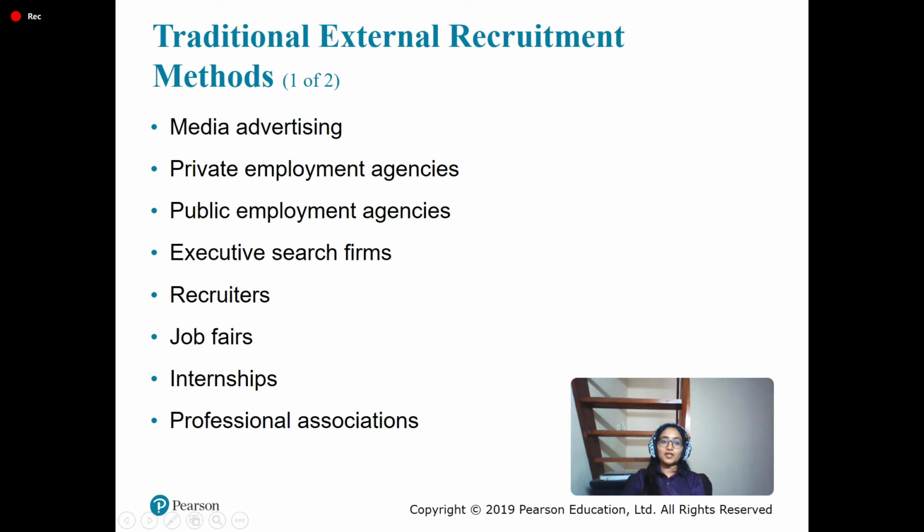Although online methods have greatly impacted how recruiting is done, traditional methods are still used extensively. Advertising communicates the firm's employment needs to the public through media such as radio, newspaper, television, and industry publications.